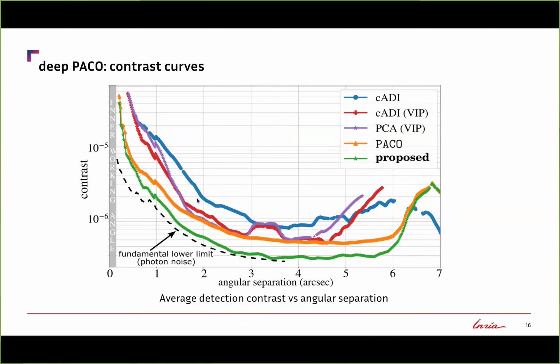Now for results with this method, we compare several baselines for ADI, and we see that already with this approach we are able to gain quite a bit of contrast with respect to PACO, over the whole angular separation range, and we get closer to the fundamental lower limit of detection that is given by photon shot noise.